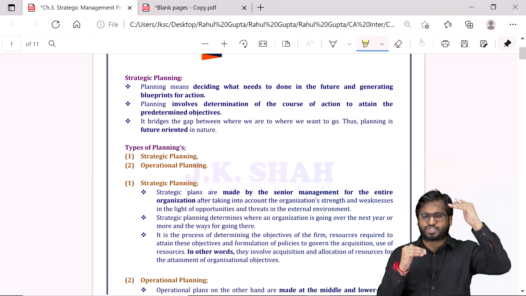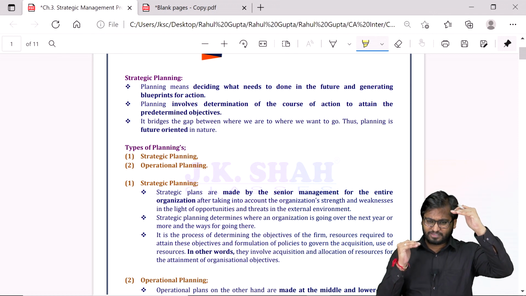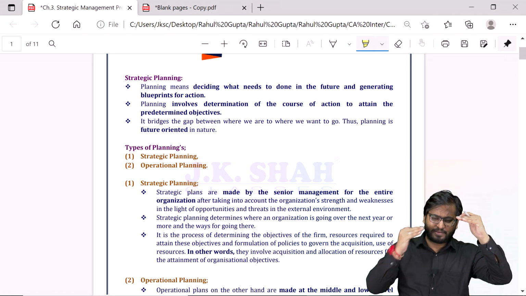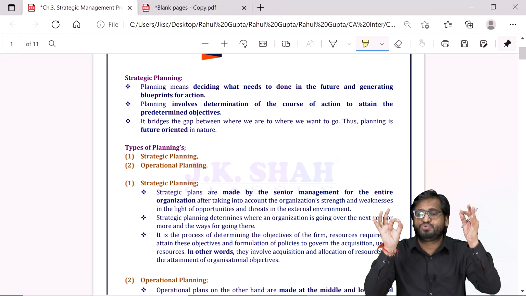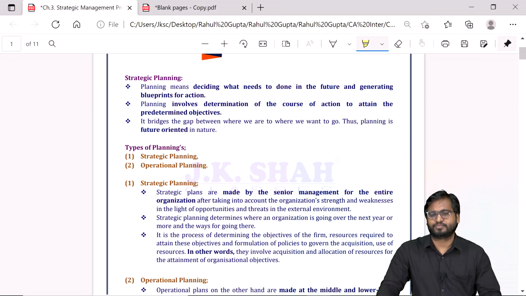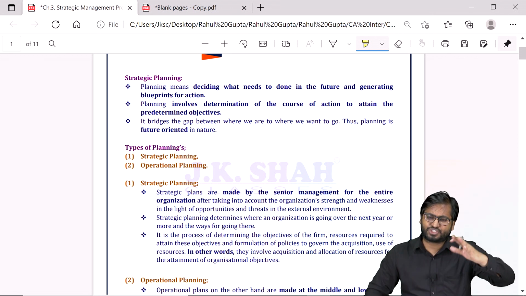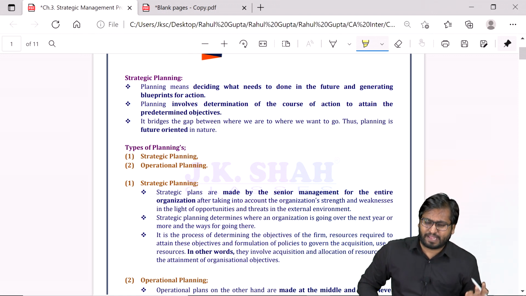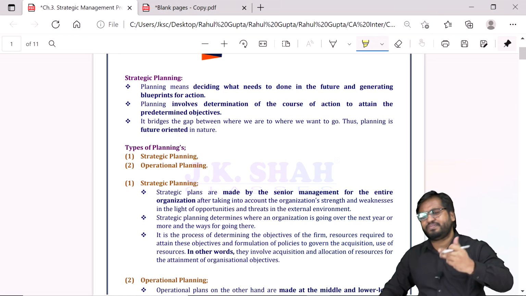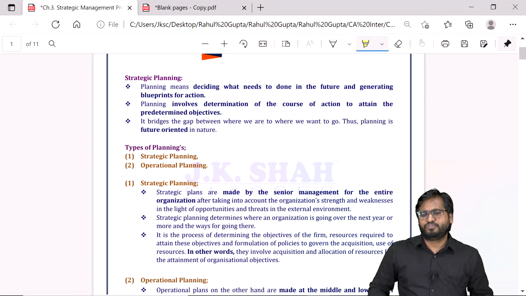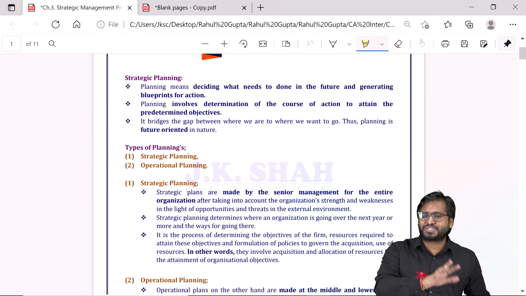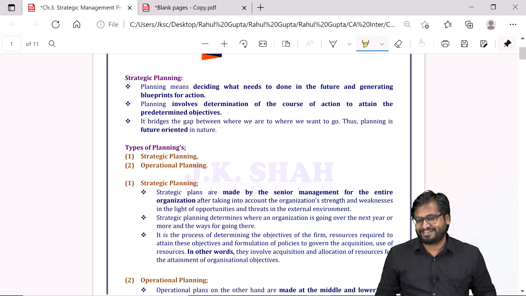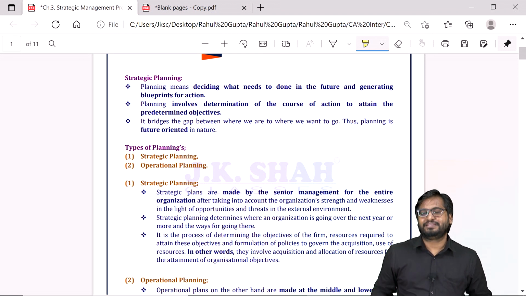So, we want to reach here and we are here. How will we bridge the gap? With the help of planning. Planning is future oriented. So, just like decision making, we had two types. Here also in planning, we will have two types. Which are those two types? Strategic planning and operational planning. So, what is operational planning?